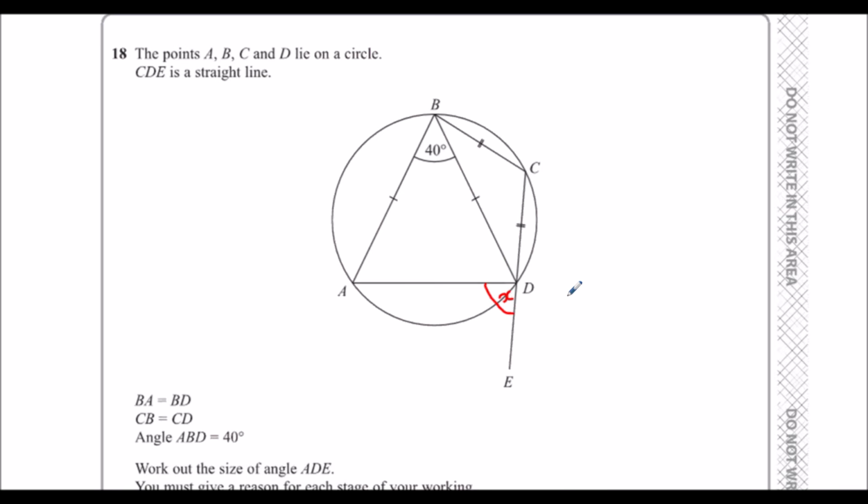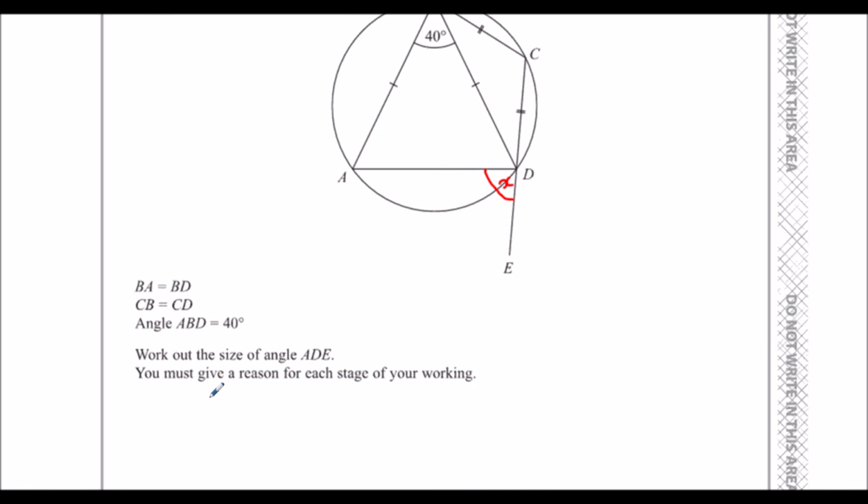Okay, let's get going. So we've got an isosceles triangle here. All the angles in a triangle have to add up to 180. So if we do 180 minus 40, that's 140. And these two angles must be equal. So 140 over 2 is 70 degrees.